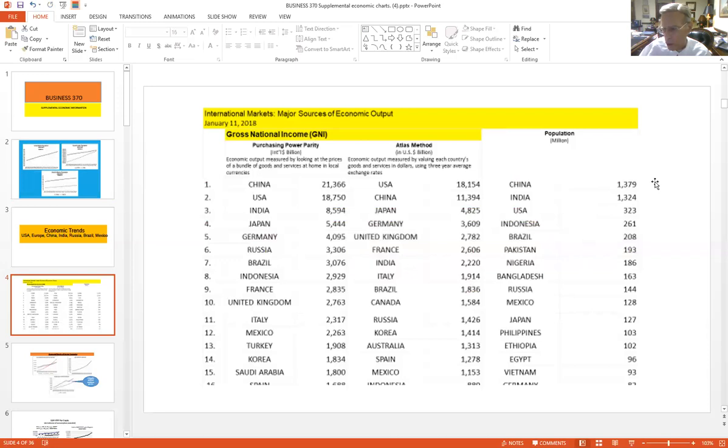We see that China's population back in 2018 was almost 1.4 billion people, and that India's was right behind it at 1.3. That's a billion people more than in the United States, which was ranked third. But we know that very soon India's population will be larger than China's.